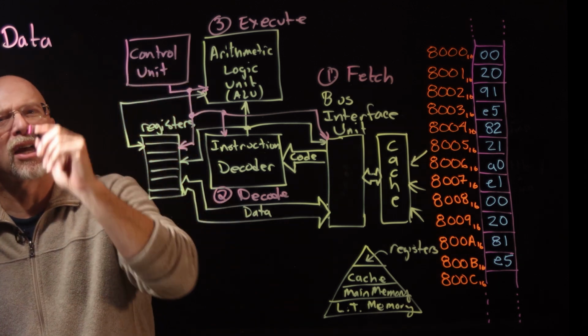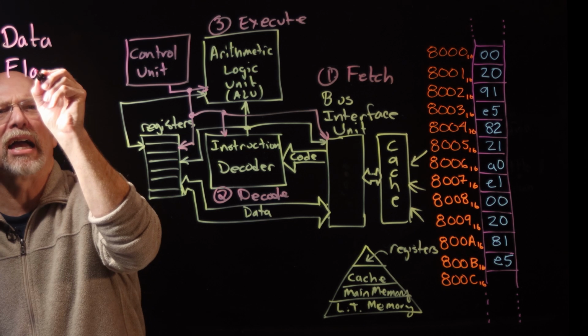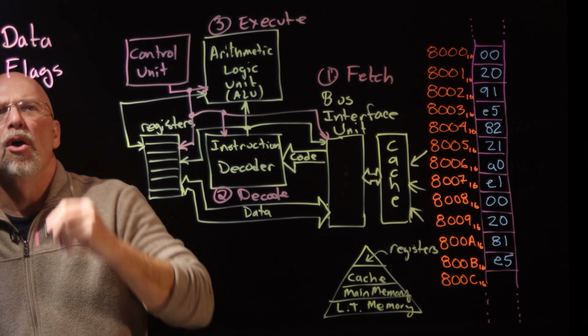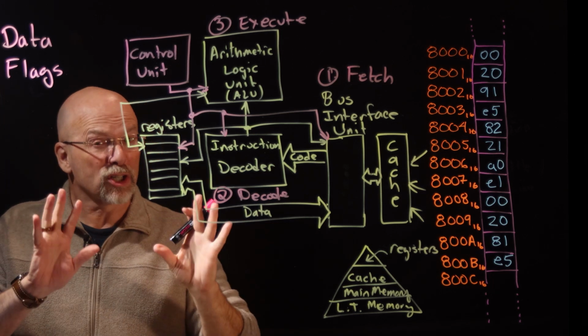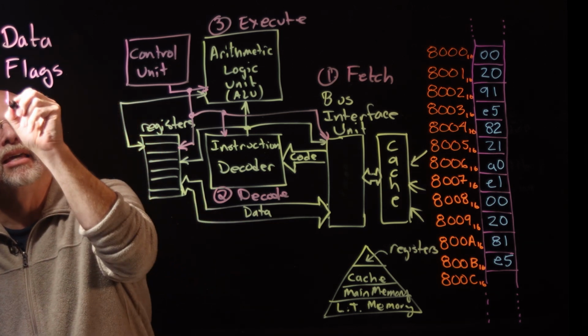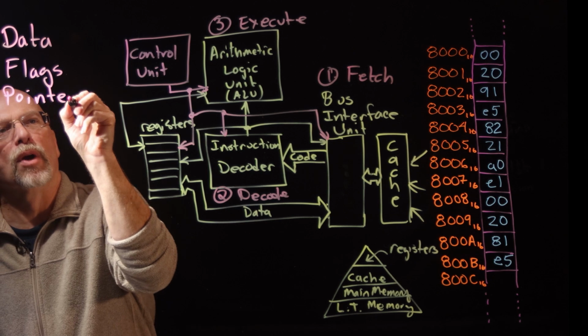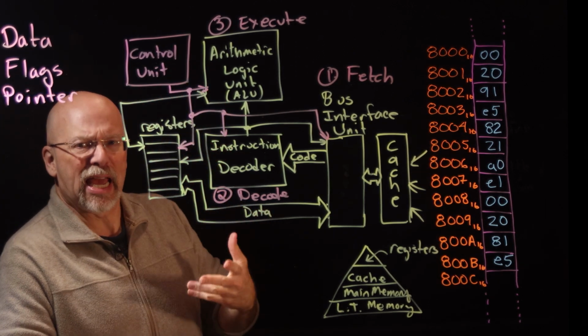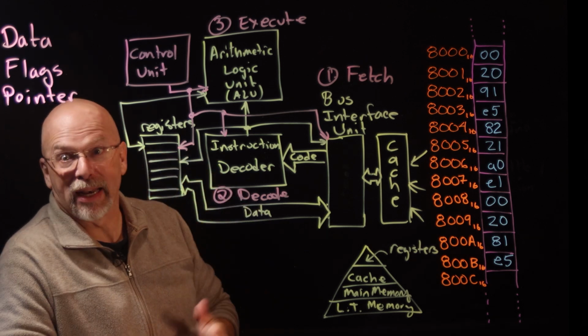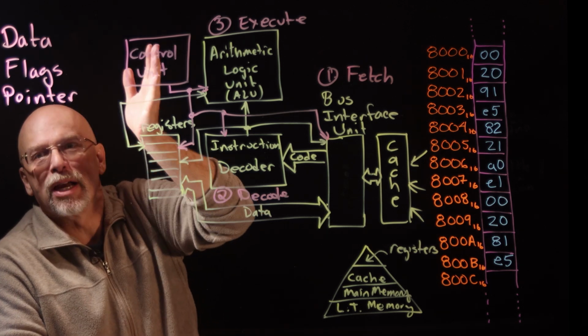There's also another kind of register called a flag register, or flags. We are going to talk about that in a future video, but the one we're going to start talking about now is pointer registers. There are many registers that contain addresses, and I could probably call this an address register.